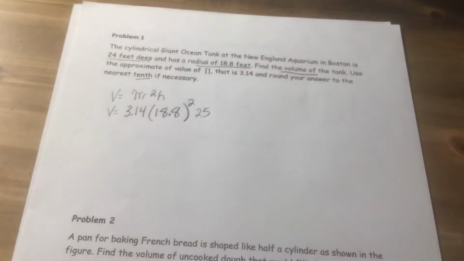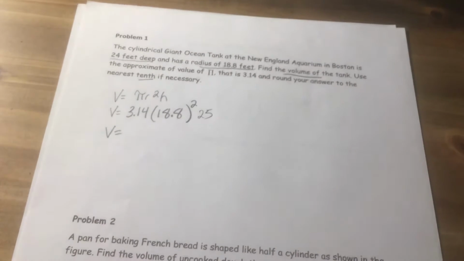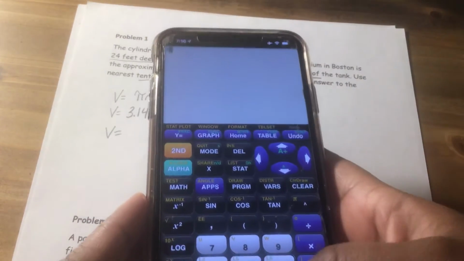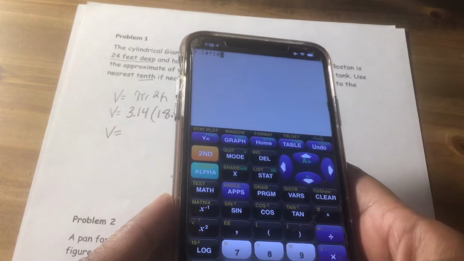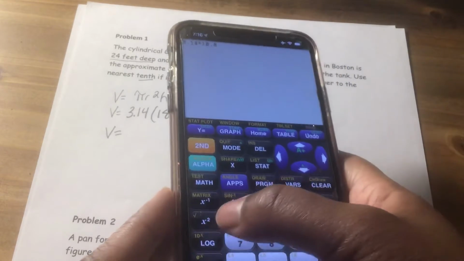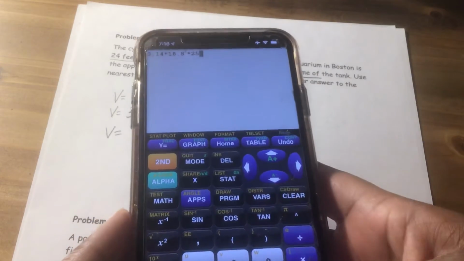Sorry about that. From here, all you have to do is use your calculator because you want to round this to the nearest tenth place. So you're going to say 3.14 times 18.8, square it, times 24.